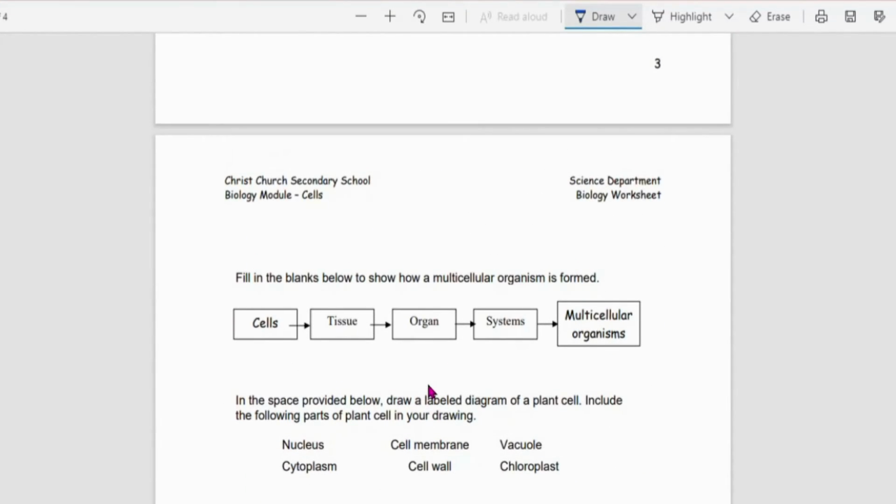Fill in the blanks to show how a multicellular organism is formed. From cells, it becomes tissue. Many different tissues come together as organ, come together, become a system, and then you get a multicellular organism. One very typical one that we can identify is the digestive system.